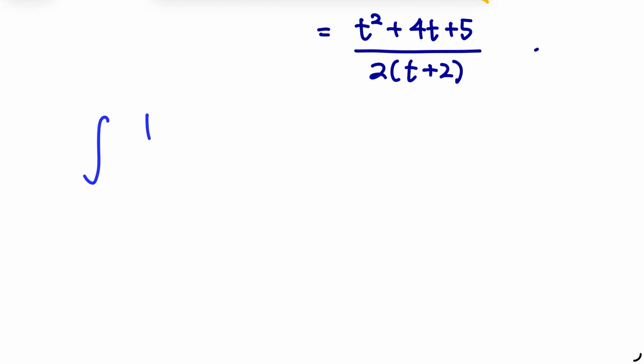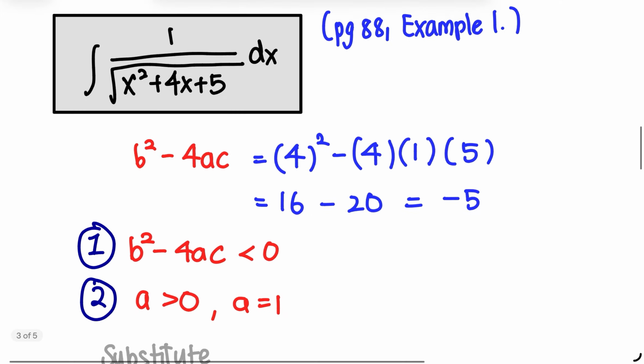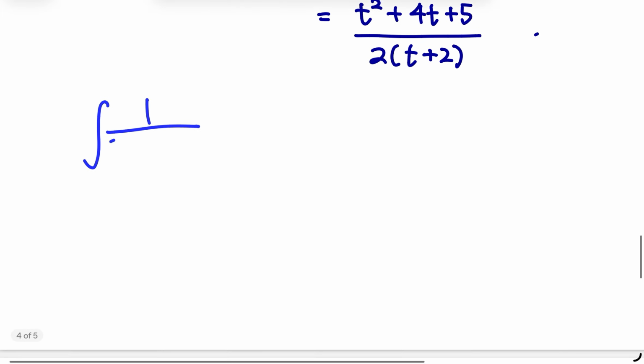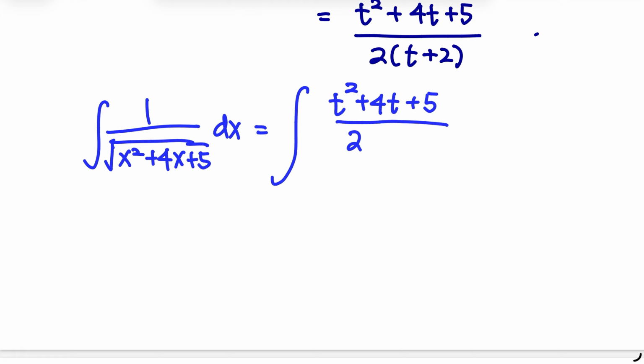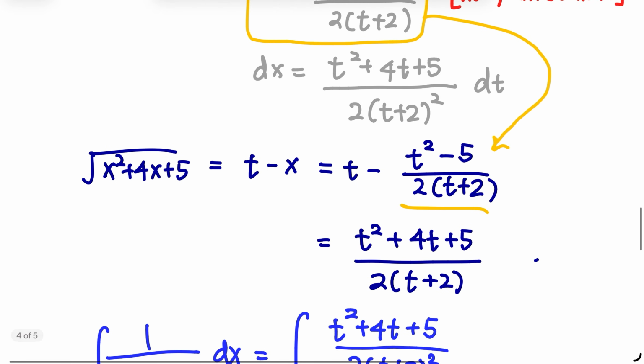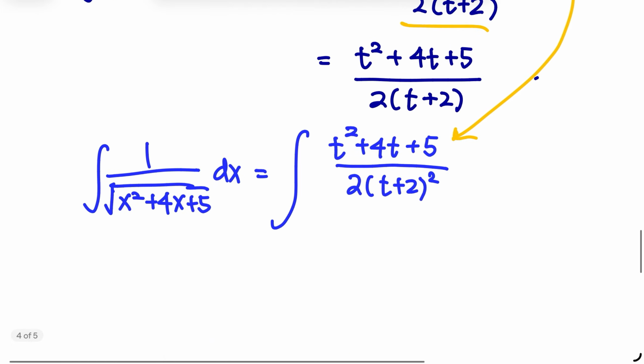The integral is 1 over the square root of x squared plus 4x plus 5 dx, which is the same thing as (t squared plus 4t plus 5) over (2t plus 4) squared, which is what we substitute as dx.